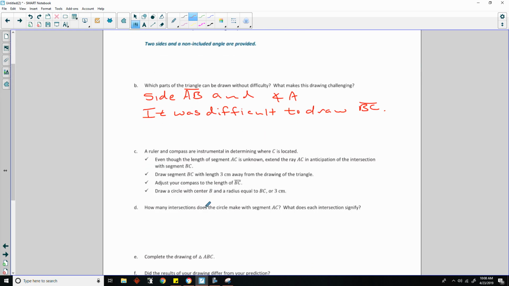D says, how many intersections does the circle make with segment AC? 2. What does each intersection signify?